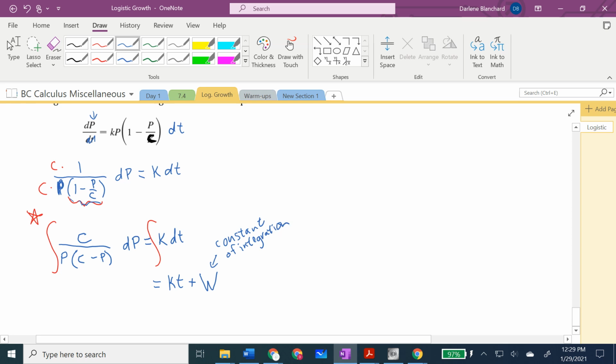Before I integrate the left side, I want to realize what I've got going on. My only variable is P. C is a constant. And do you see that we need to use fraction decomposition? So I'm going to take that fraction and play with its algebra over here on the side.